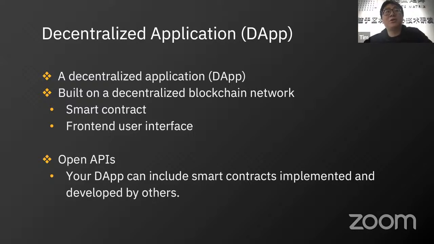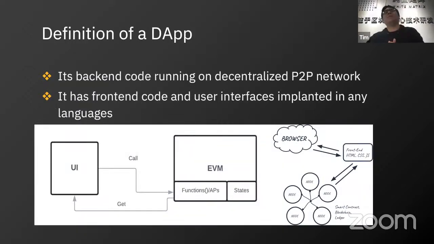It has smart contracts as its business logic and data layer. But for people to access this application, we also need to use some other technology to build the front-end user interface. Also, all these APIs are quite open so that everyone on this network can access them. This is basically the structure of how the UI interacts with the blockchain backend.